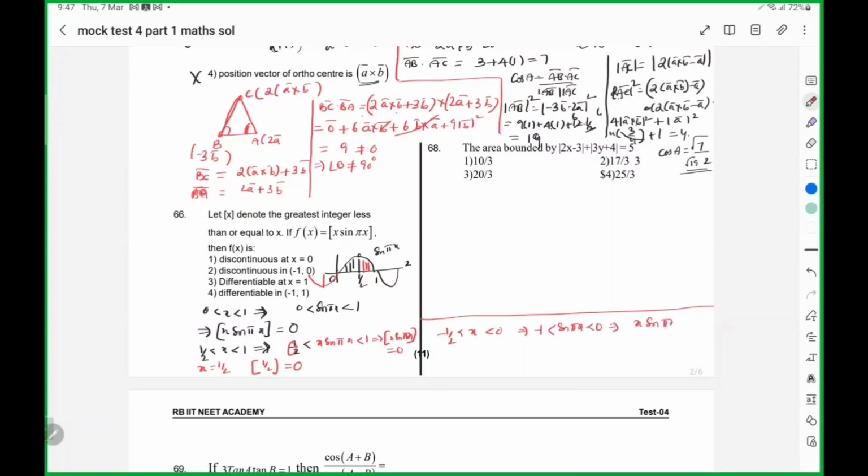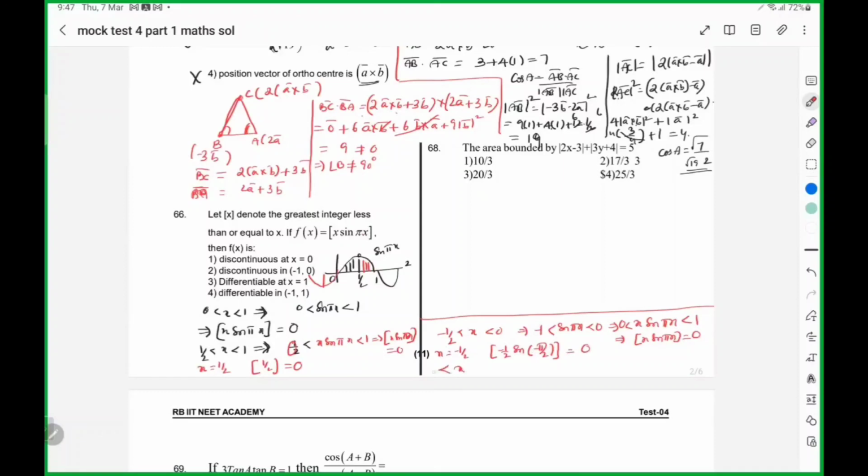X is negative, sine pi x is negative, so the product lies between 0 and 1. So the step of x sine pi x is again 0. When x is minus half, it is minus half into sine of minus pi by 2, which is -1, giving plus half, so 0.